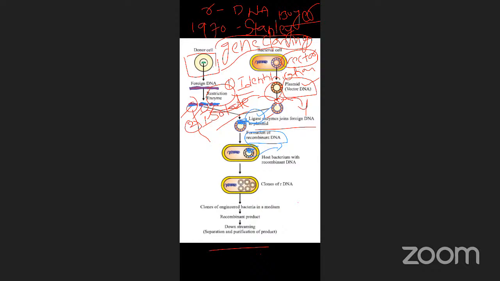This bacterial cell is called transformed cells. Now along with the bacterial division, this rDNA is also divided a number of times, so that we get a number of rDNAs.